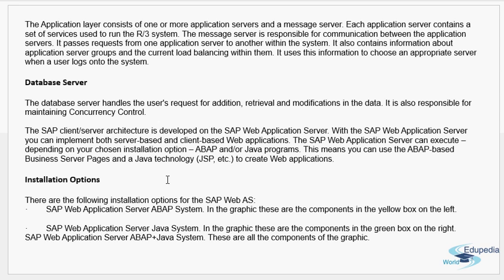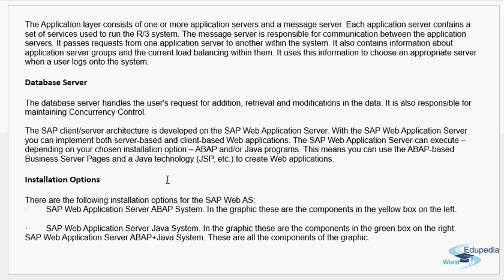The SAP client-server architecture is developed on the SAP Web Application Server. With SAP Web AS, which means application server, you can implement both server-based and client-based web applications. The web application server can execute ABAP or Java programs, depending on your chosen installation option.